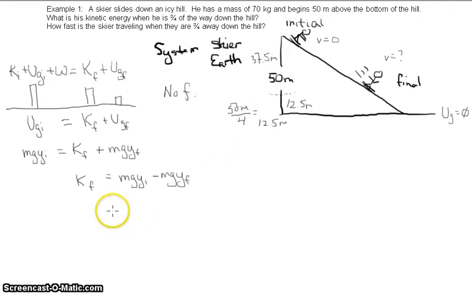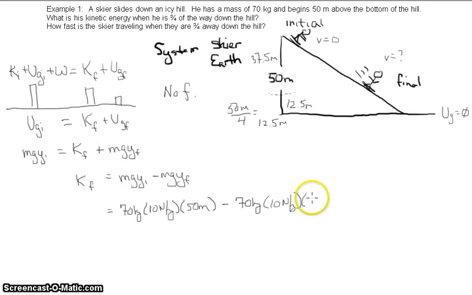Our initial height here would be 50, so this is going to be the mass times 10, so 70 kilograms times 10 newtons per kilogram times 50 meters, minus 70 kilograms times 10 newtons per kilogram times 12.5 meters.